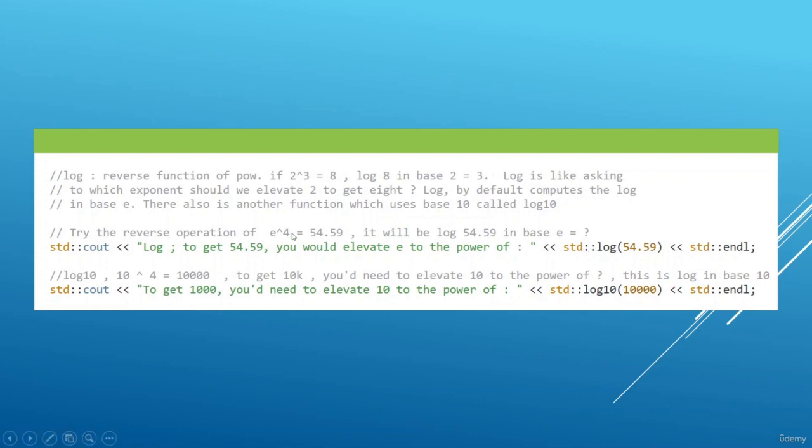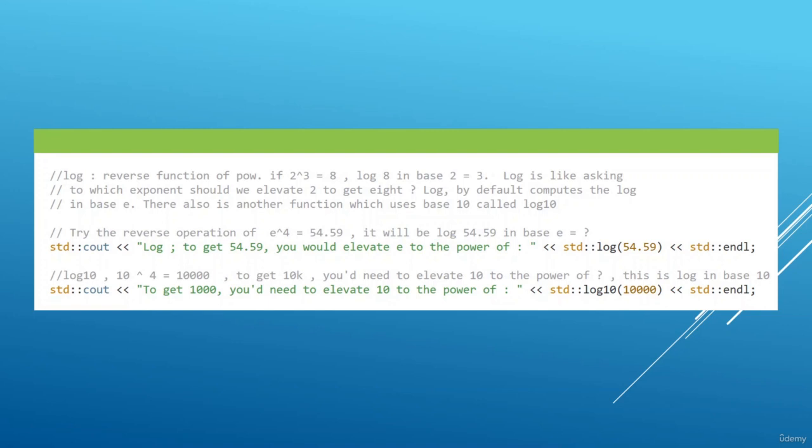So what we are asking, for example, if we say log 54.59, is to which power should we elevate e to get this number in here? And it is going to be computed, and you're going to see this if you plug this into Visual Studio Code, or you can try to use one of the calculators available to you, and you're going to see that this makes sense.